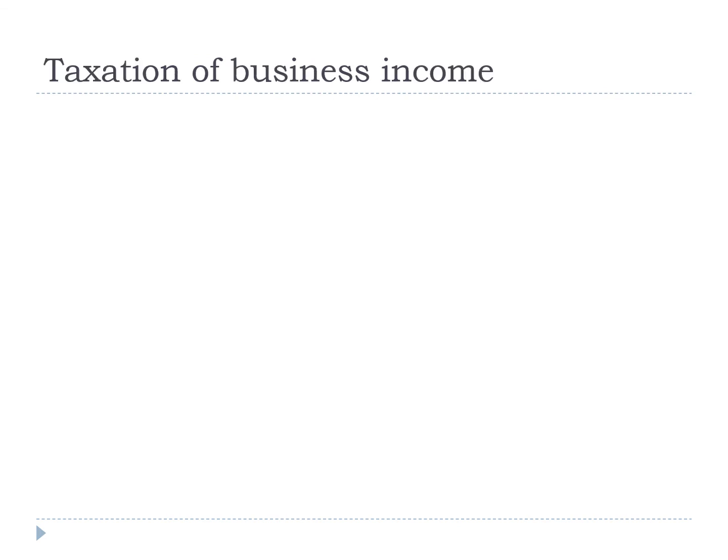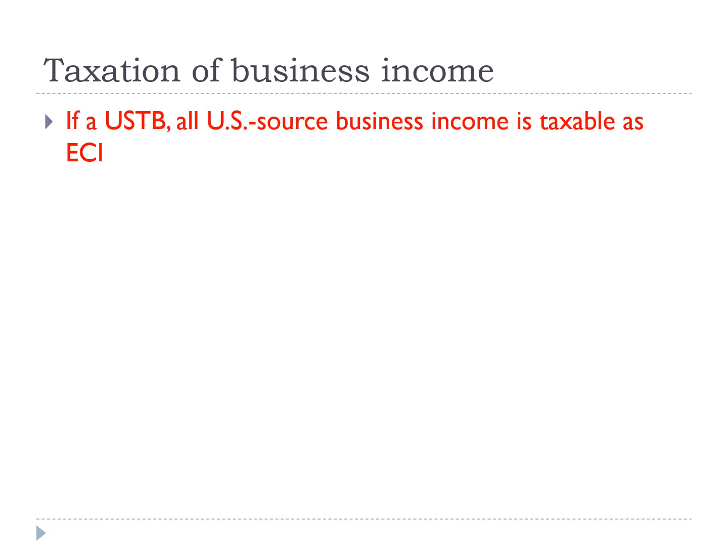U.S. business income is taxed at regular graduated tax rates, and deductions are allowed. In general, once we determine that there is a U.S. trade or business, then all U.S. source business income is treated as effectively connected with that U.S. trade or business, and is taxable in the United States.